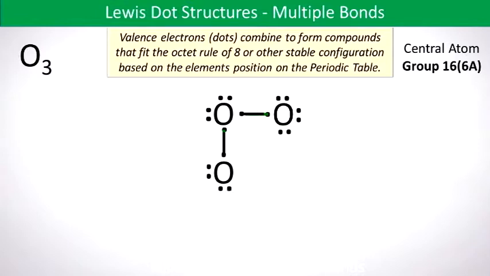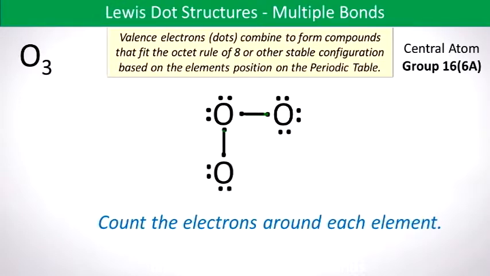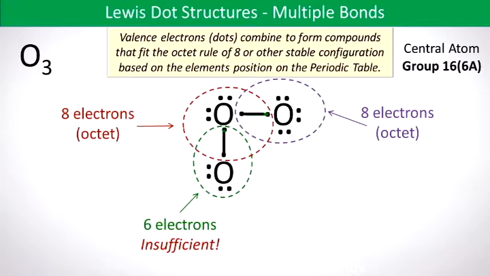And now we will count the electrons to see how well we fit the octet rule. And when we do that, we discover that one of the oxygens is insufficient in terms of its number of electrons. We have 8 electrons around one oxygen, 8 electrons around the other oxygen, but we are short of electrons. We are low in terms of electronic balance on the third oxygen.